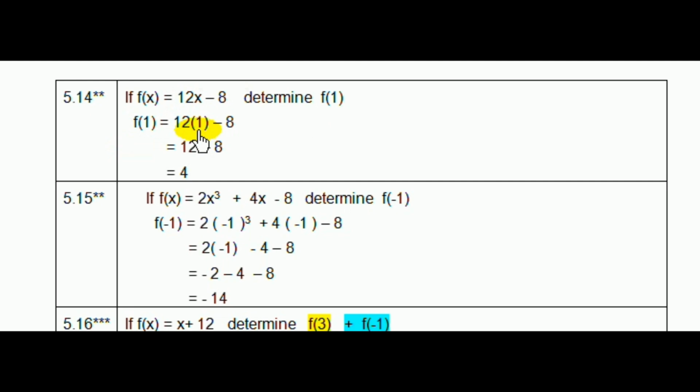If it's negative numbers, of course, that's more important, but try and learn that so that you can always put those letters that you change in brackets. So 12 minus 8, the 4 then for our answer.